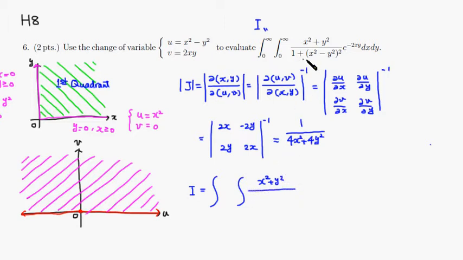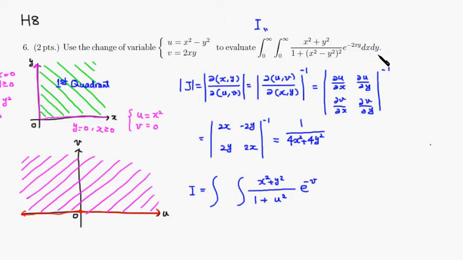Then you have 1 plus x squared minus y squared, which is conveniently u, but you have a square here, so it's going to be u squared. You have e to the negative 2xy, and 2xy is v, so it's going to be e to the negative v.